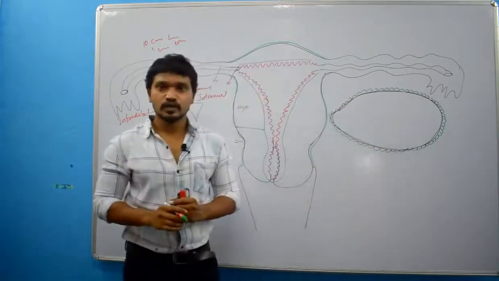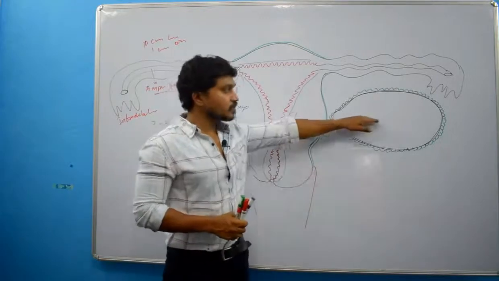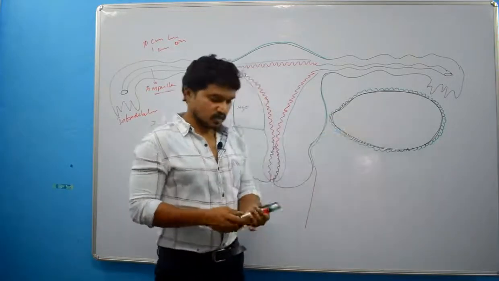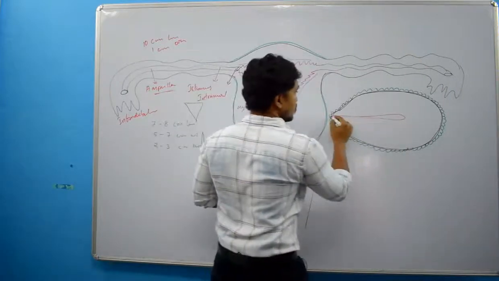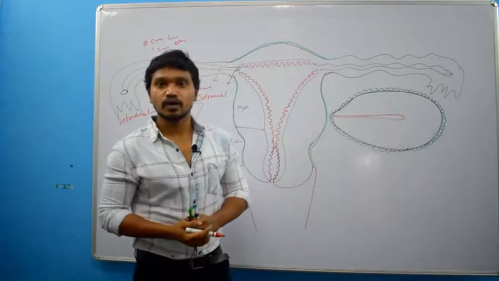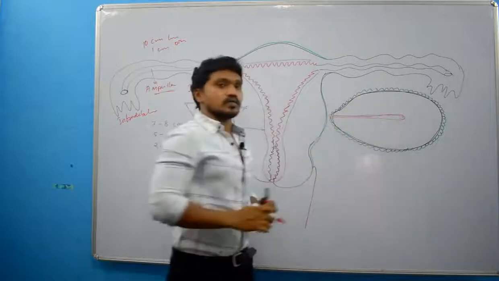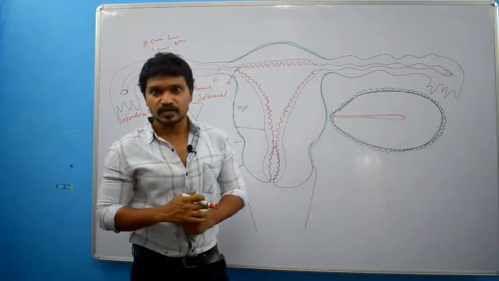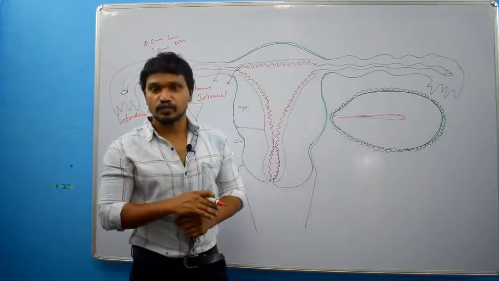Right? And the ovary contains an inner medulla and an outer cortex. The inner medulla is made up of vascular connective tissue. The cortex contains different stages of developing follicles after puberty.